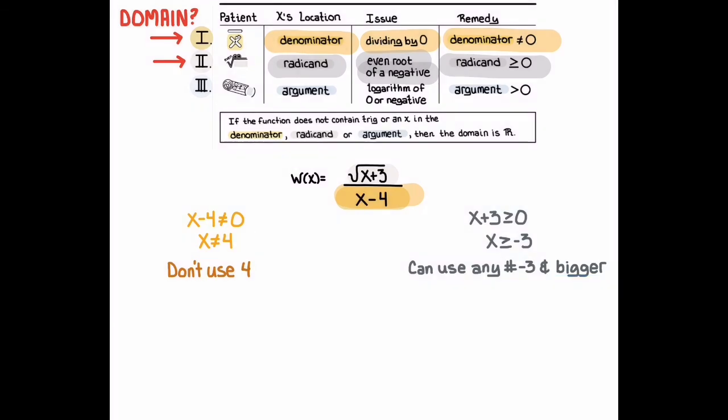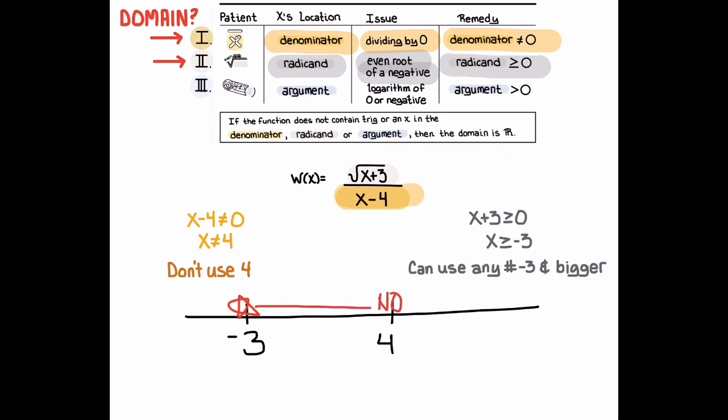I'm going to put these two things on the same number line just to help you visualize that. Okay, so we do not want to use the number 4, so I'm going to put a no above the number 4, but we can use negative 3 and anything to the right of it.